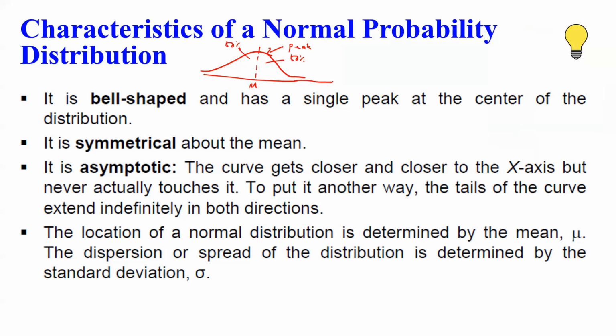Its asymptote is the x-axis, which means the curve extends to the left and to the right but will not touch the x-axis. The total area under the curve must be equivalent to 1 in terms of probability, or 100%.